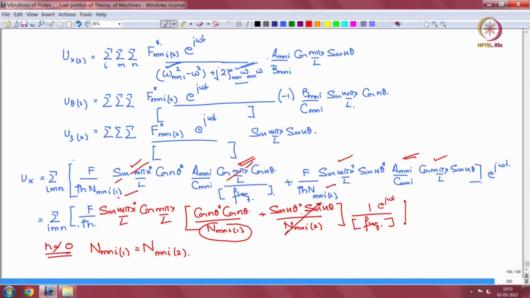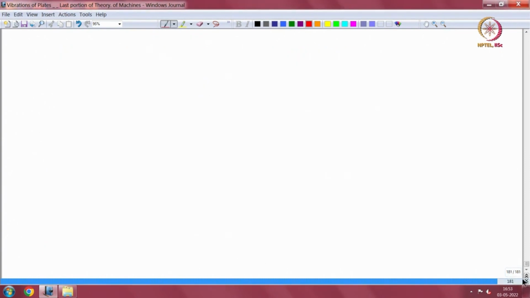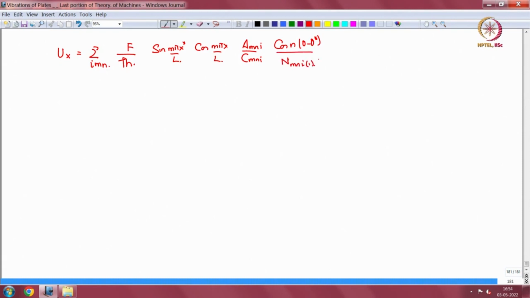So I can ignore this speciality and set my ux equal to summation over I, m, n, f over rho h, sin m pi x star over L, cos m pi x over L, A m n I by C m n I, cos of n theta minus theta star, by N m n I 1 and the frequency term.